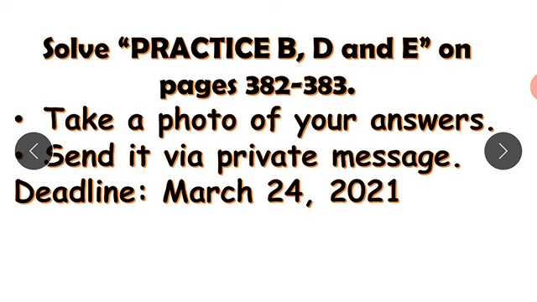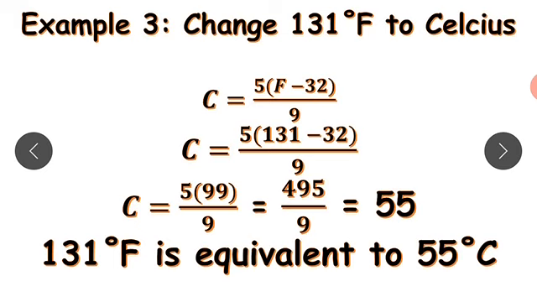So next, for example number 3, change 131 Fahrenheit to Celsius. We will use the formula C is equal to 5 quantity F minus 32 divided by 9.